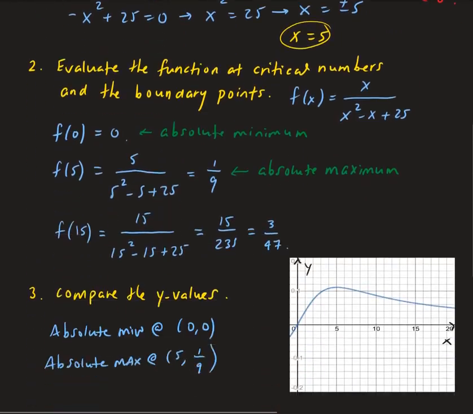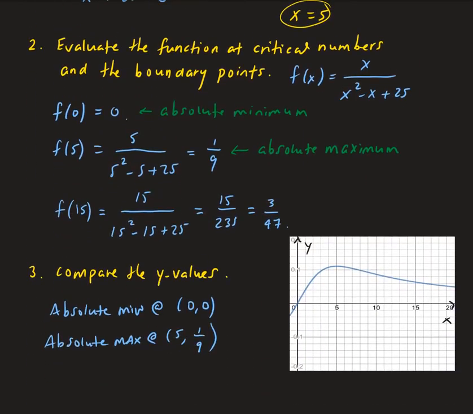Looking between 0 and 15, we can see that there's an absolute minimum here, and at the value of 5, which is about here, we get 1/9. Here was just the origin. So at the origin we have the absolute minimum on this interval, and at 5, we have an absolute maximum.